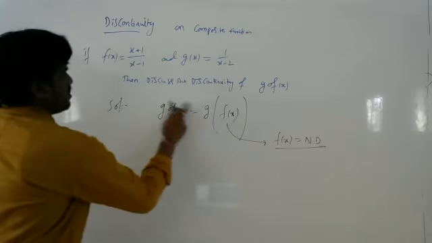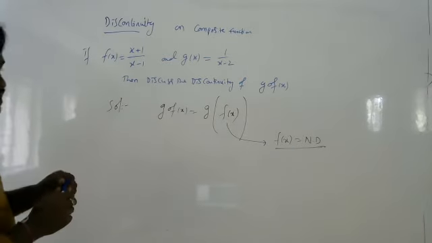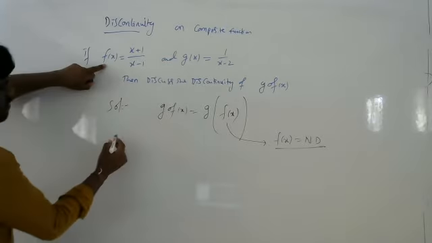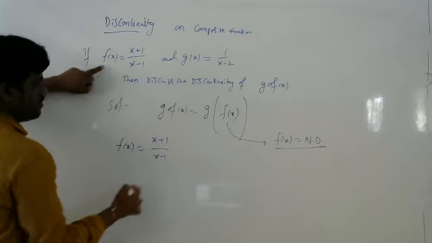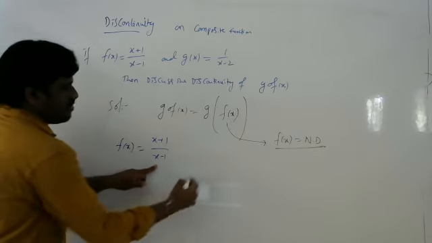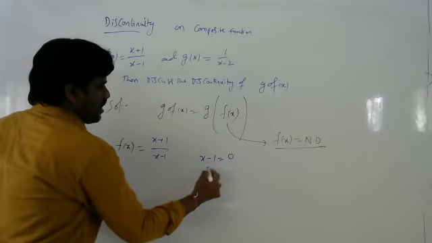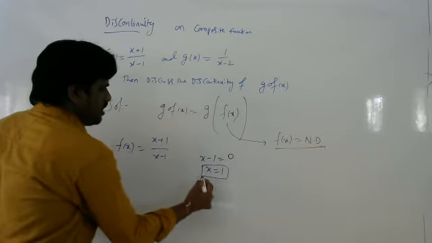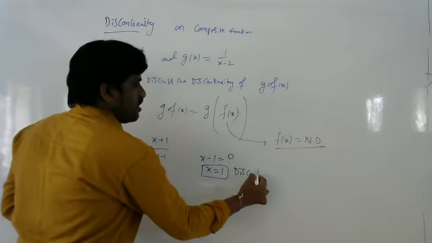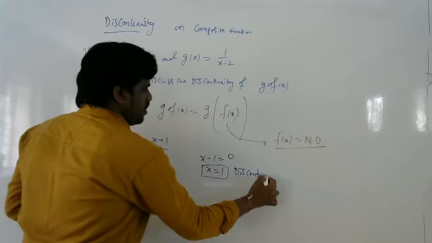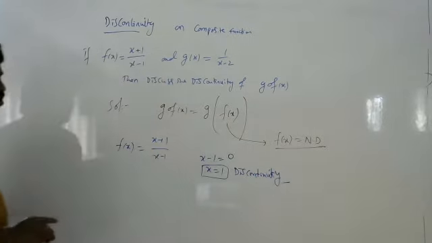The given function f of x is (x plus 1) by (x minus 1). It is not defined when x minus 1 is equal to 0, so x is equal to 1 is the discontinuity of the function.